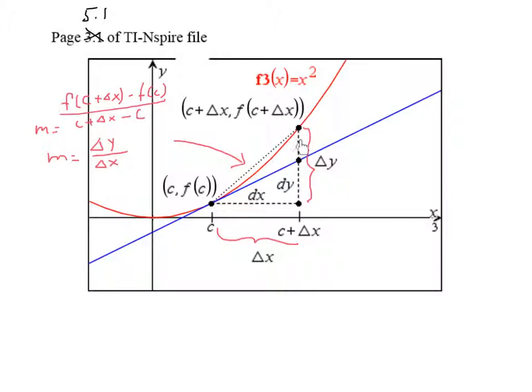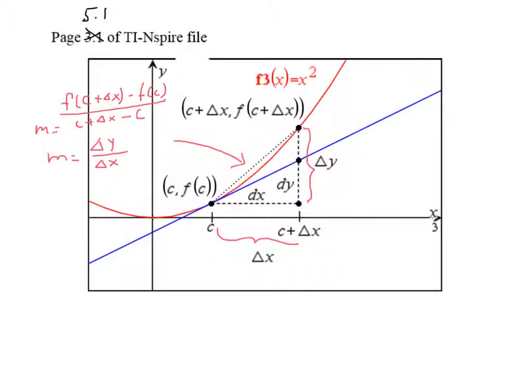However, it's not the same point, as we see, as what's on the graph, right? So if we wanted to get the slope of our tangent line here, we wouldn't want to do delta y divided by delta x, right? That would be the wrong slope. So we're not going to use delta x and delta y, we're going to use dx and dy. Now dx is actually the same number as delta x, okay?